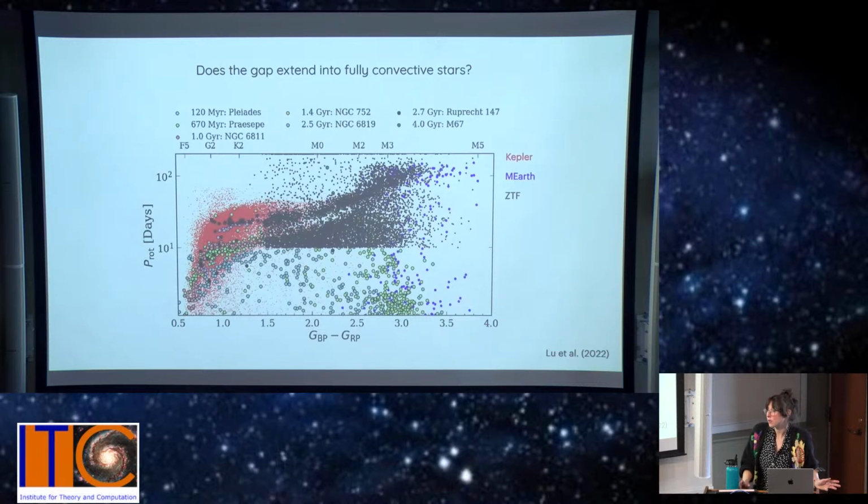If it's not got a rotation signal, it could be because it falls in this gap, or it could be because it falls up here, or it could be pole-on, or it could be a weirdo that's not active. So it's difficult for us to know why a star isn't appearing here, and to understand what our detection efficiency is.